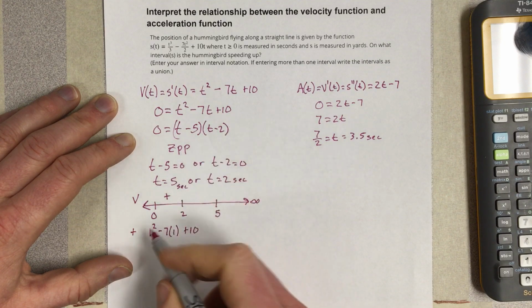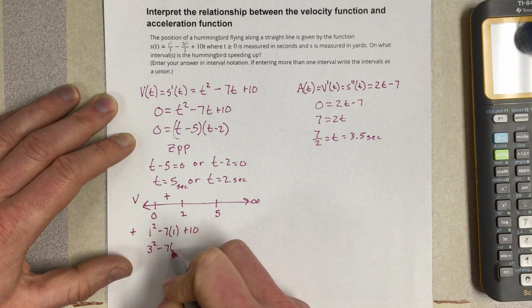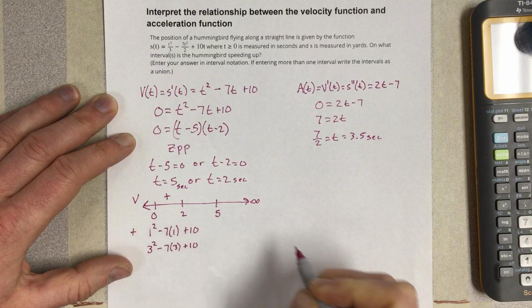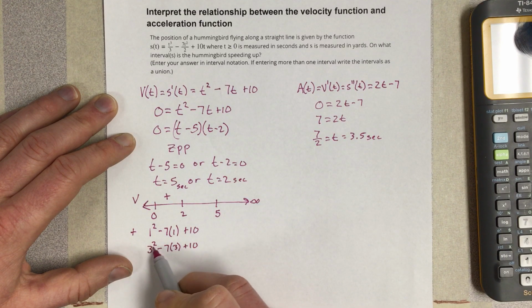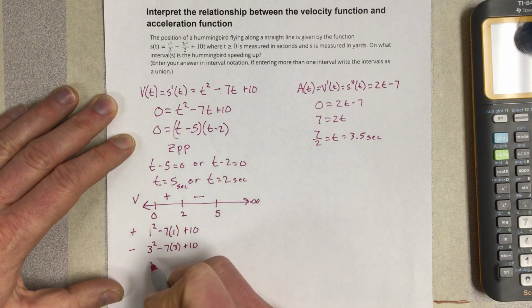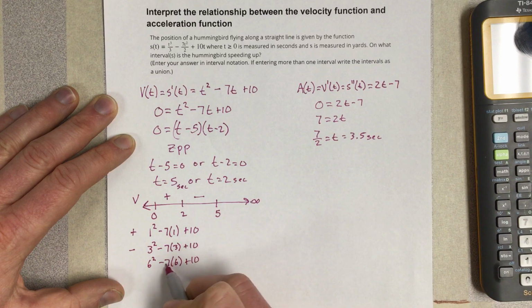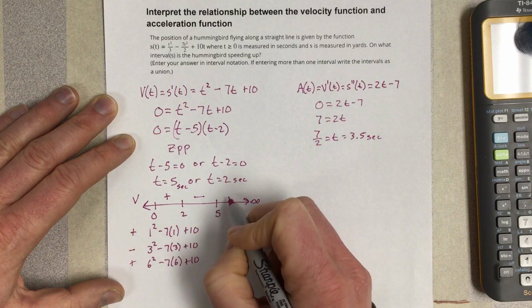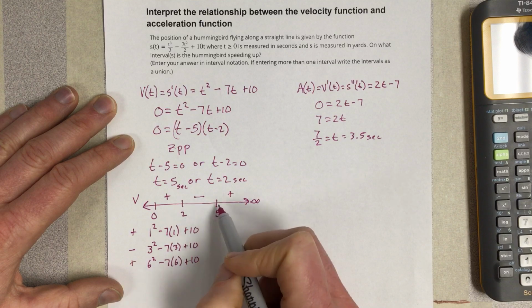Then if I do the same thing with 3 squared minus 7 times 3 plus 10, I get negative 21 plus 10 would be negative 11 plus the 9, I'm still negative. So this is negative in that region. Now let's go 6 squared minus 7 times 6 plus 10. Well, I get negative 42 here. This is 36, but this makes 46, so I'm actually positive here as well. So my velocity goes from positive to negative to positive, and it switches at 2 and 5 seconds.